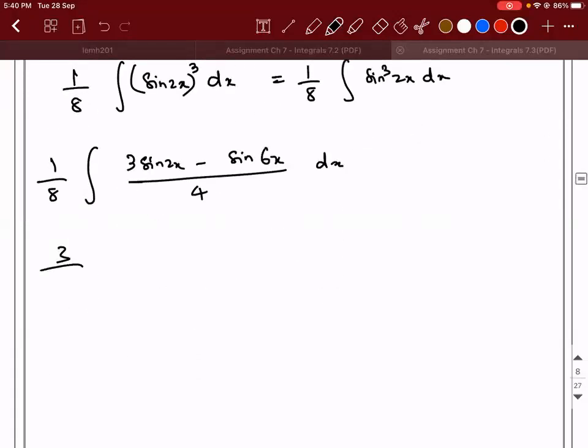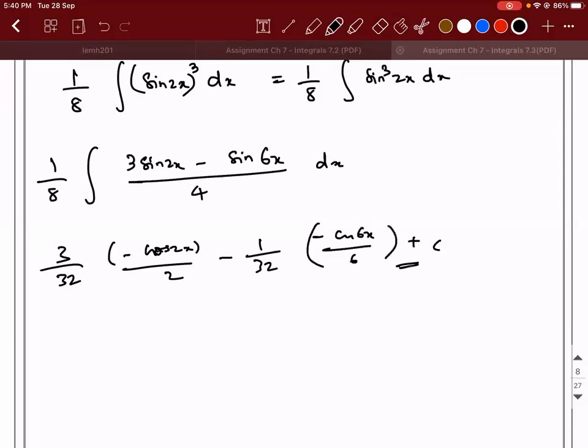So you should get 3 divided by 32 into minus cos 2x divided by 2 minus 1 by 32 into sine 6x is minus cos 6x divided by 6 plus c.